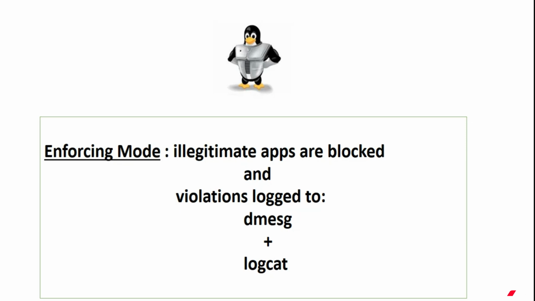So now in enforcing mode, whenever you do security research in Android platforms, the illegitimate actions are prevented by default and attempted violations are actually logged by the kernel to dmesg and to logcat. Okay. Android device manufacturers should actually gather information about these errors so they can refine their software and their own SE Linux processes before enforcing them.